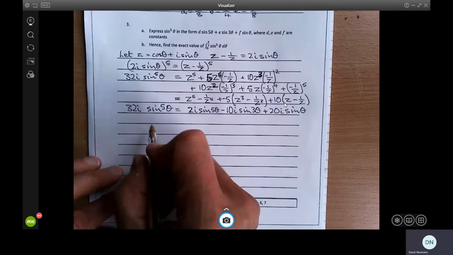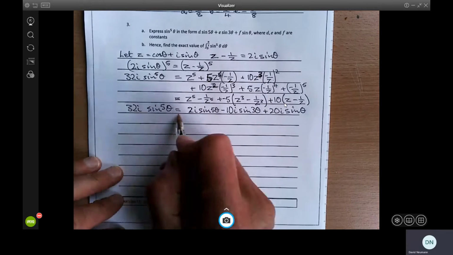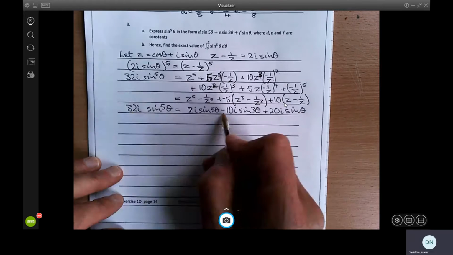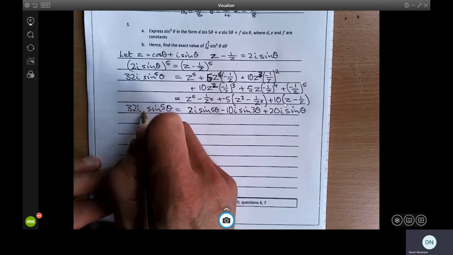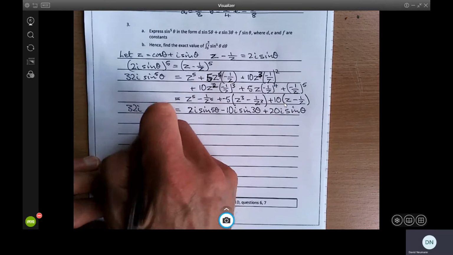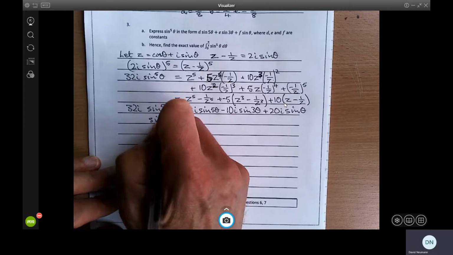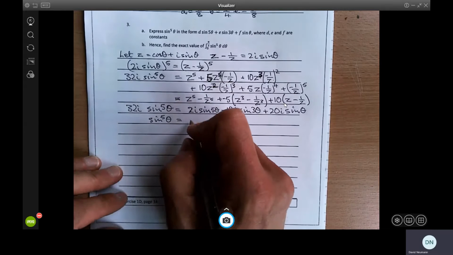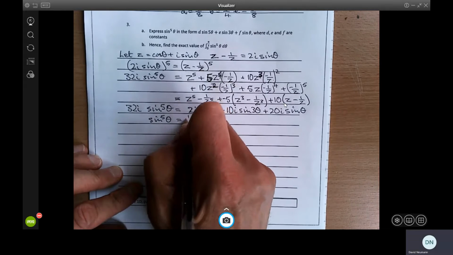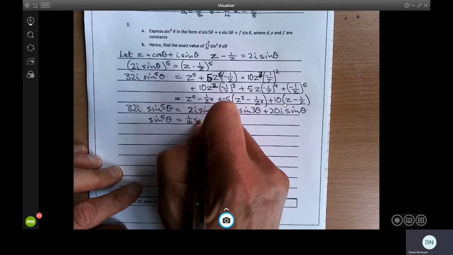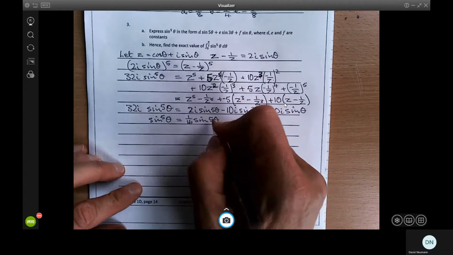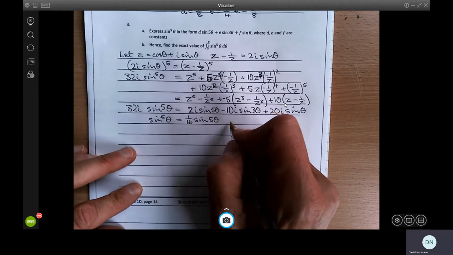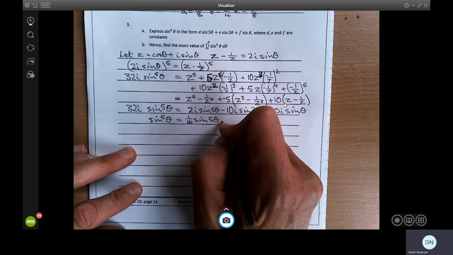So if we divide through by i and also divide through by 32, another way of looking at that is divide through by 32i, we get sine to the power of 5 of theta is equal to 1 over 16 sine of 5 theta minus 10 over 32, which is 5 over 16, isn't it?